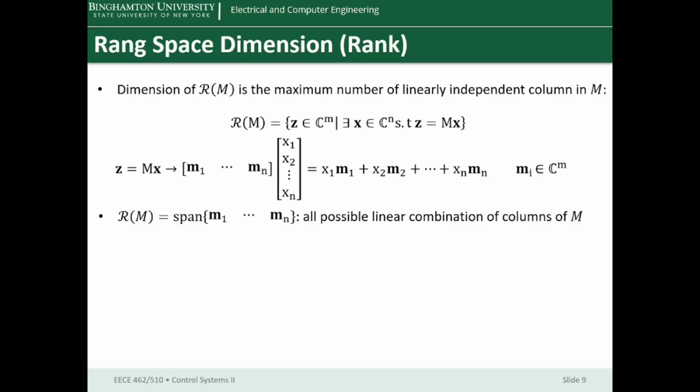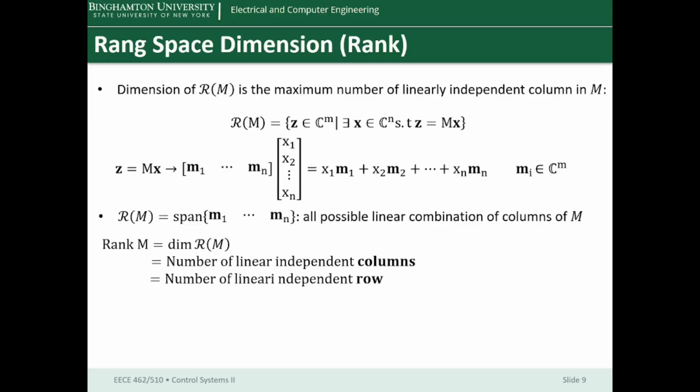From basic linear algebra principles, the dimension of any space spanned by a set of vectors is equal to the maximum number of linearly independent vectors in that set. In matrix theory, the maximum number of linearly independent columns of a matrix is called the rank of the matrix. Then the dimension of the range space is equal to the rank of M. It's also proven that the number of linearly independent columns equals the number of linearly independent rows.